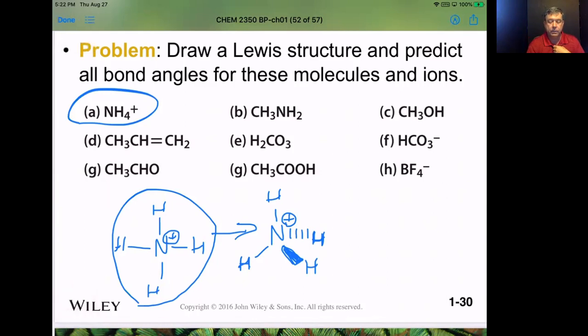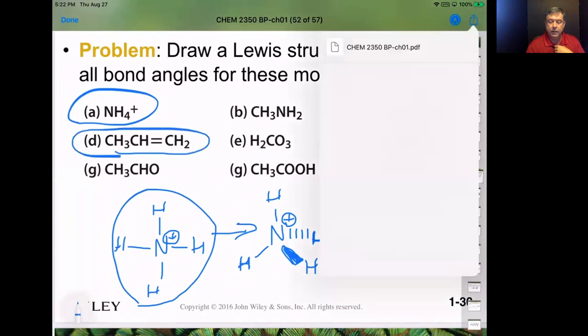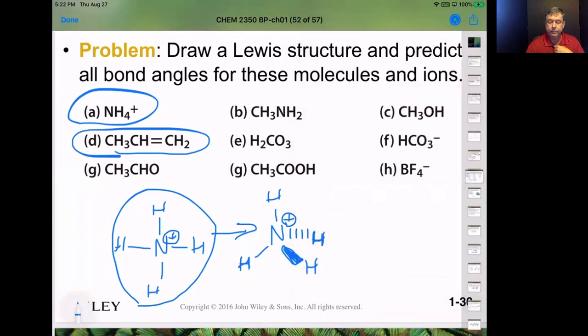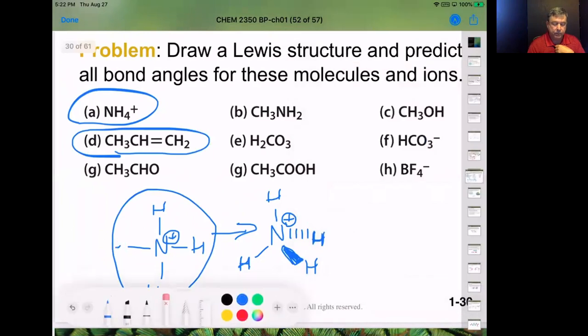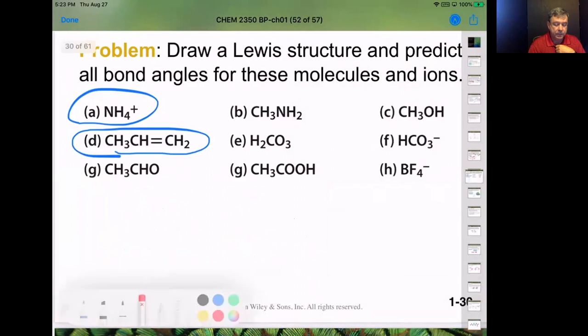Let's do this one next. I'm going to erase this so we have a little more room. So let's draw our valid Lewis dot structure first.